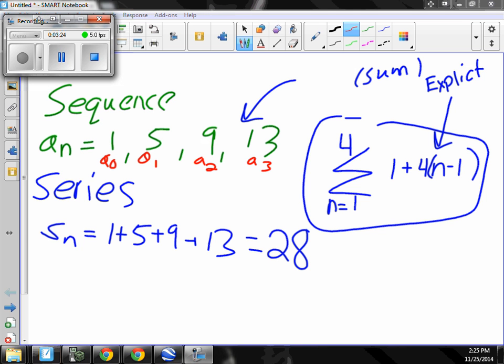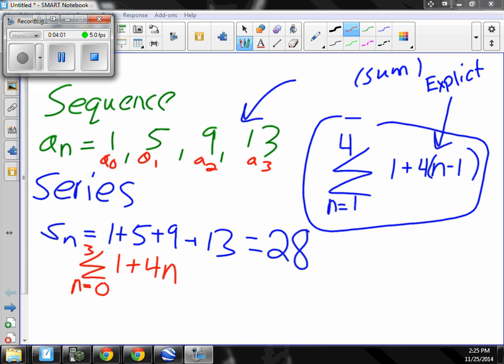So you are going to have to learn how to switch between 1 and 0 or any other number that you wanted. So if I were to change that, the summation from n equals 0 up until, how far does it go? 3. Well, how would that change the equation? So it's 1 plus 4n. And that's going to give me the same thing.